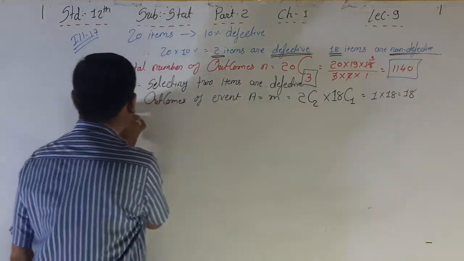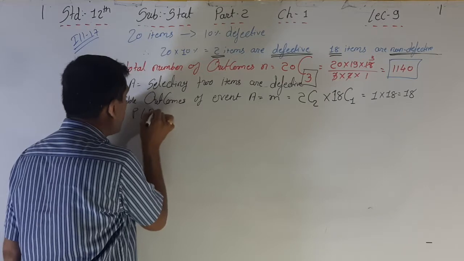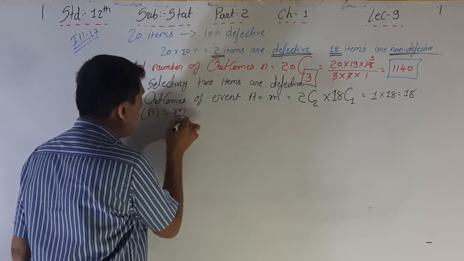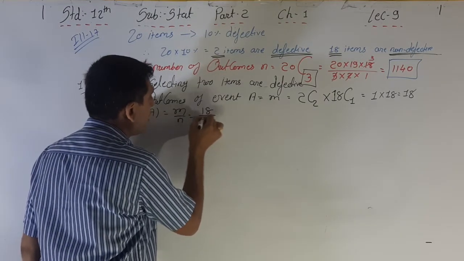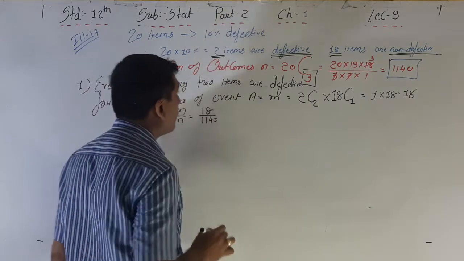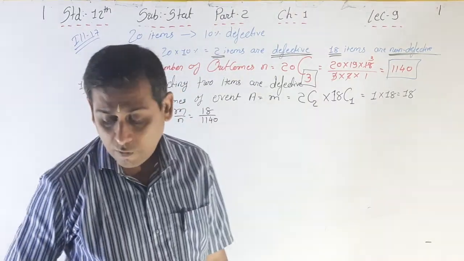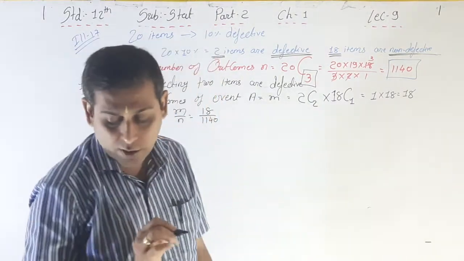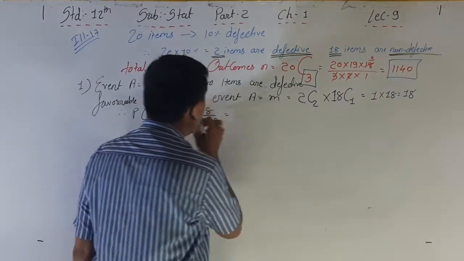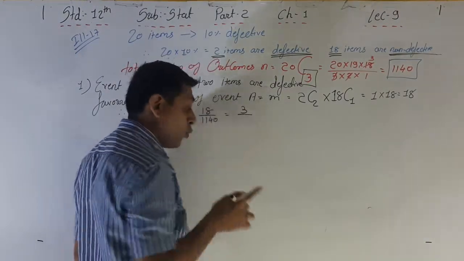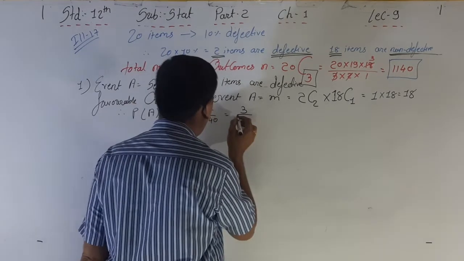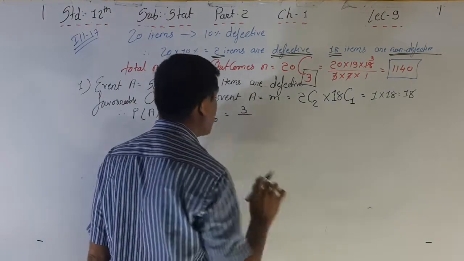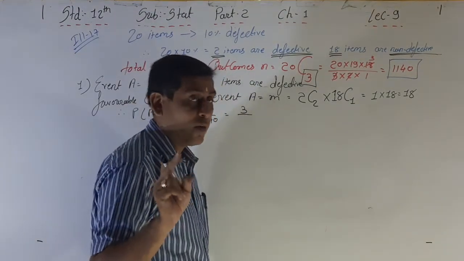Favorable outcomes 18. That's why P of A is equal to M upon N, that is 18 upon 1140, and the final answer is 3 by 190. 6 threes are 18 and 6 nineteens are 114.